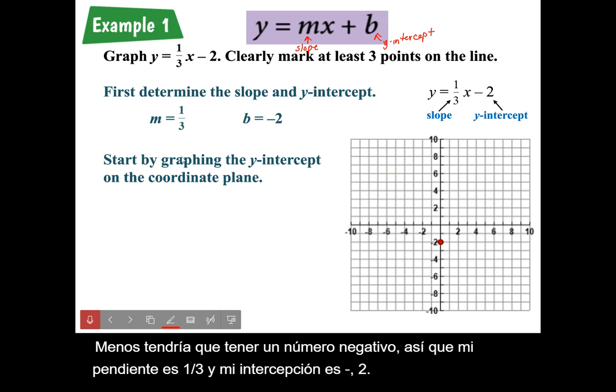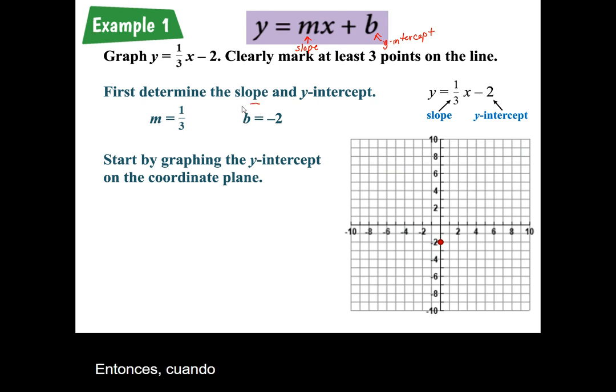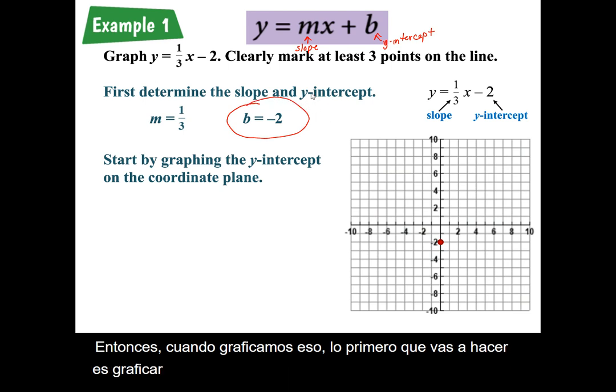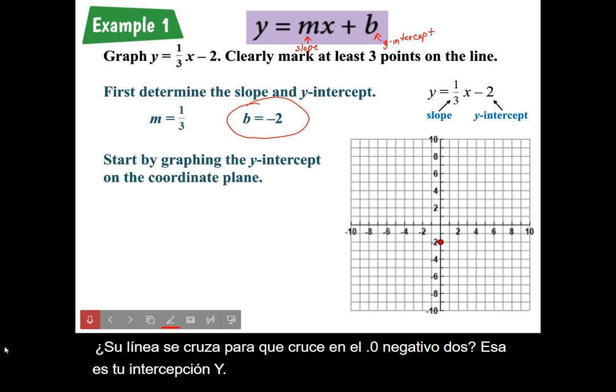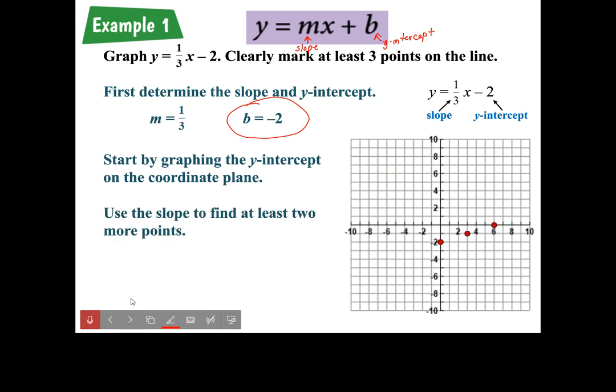So when we graph that, the first thing you're going to do is graph your y-intercept. Remember, that's where on the y line your line crosses. So it crosses at the point 0, -2. That's your y-intercept. It has a slope of 1/3.